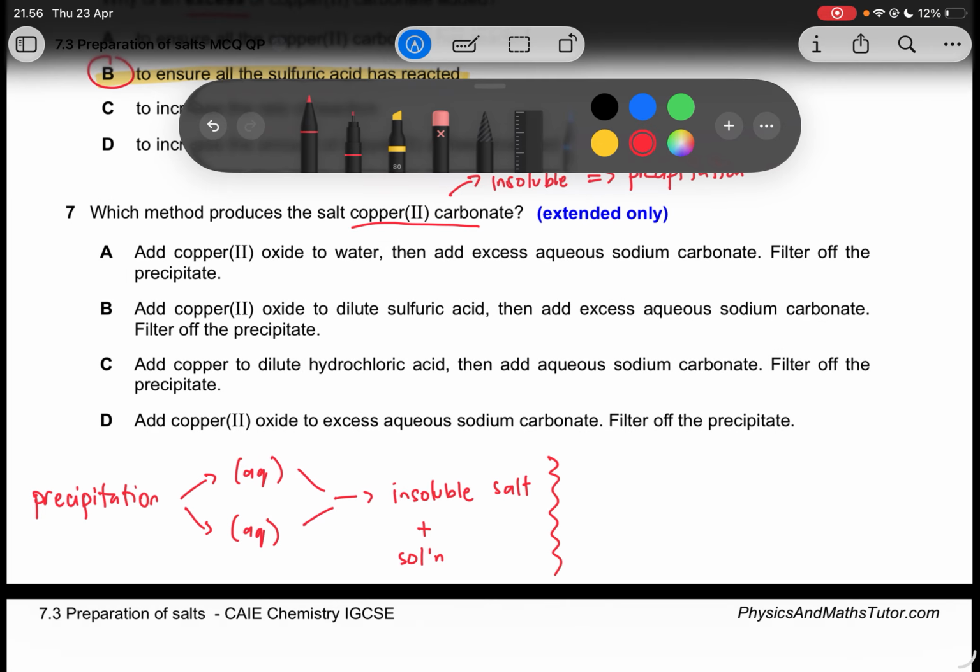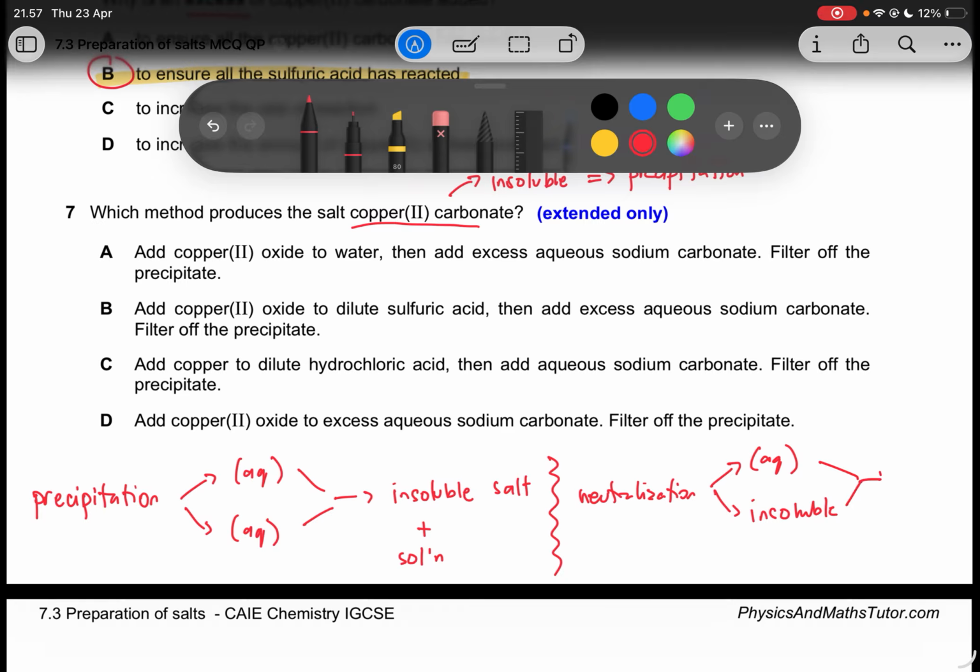On the other hand, when we are doing neutralization, we usually require one aqueous solution. Mostly it's acid. Then we add an insoluble compound. It can be an insoluble base, insoluble salt, insoluble acid, insoluble metal, or carbonates.